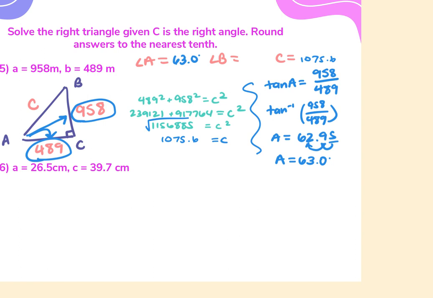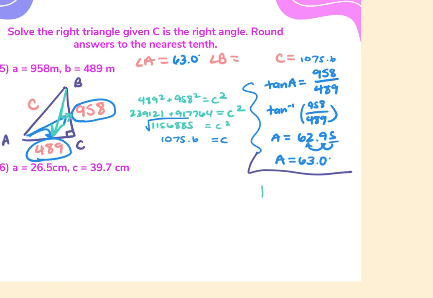You're rounding to the nearest tenth, but it was a 9.5, so the 5 bumps up the 9. To get B, you actually could do two things. B would be opposite the 489 and adjacent the 958.